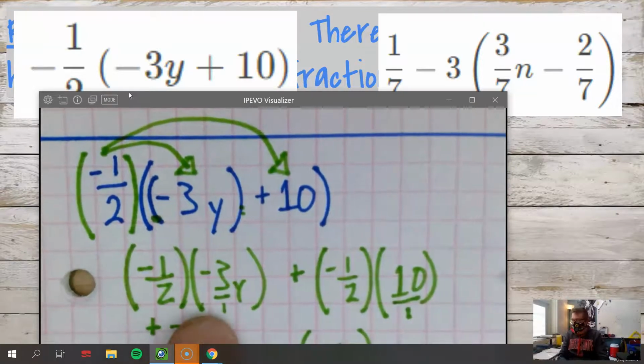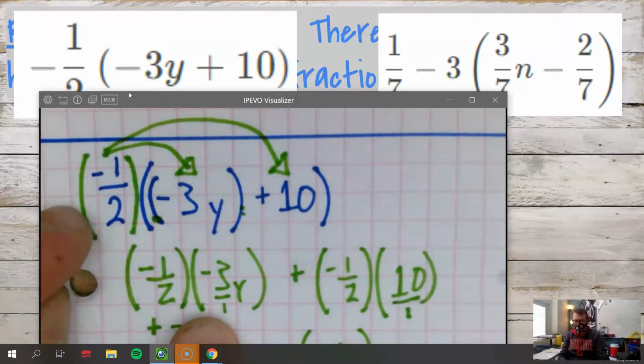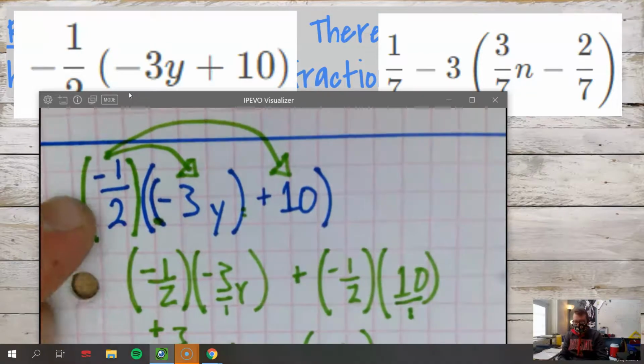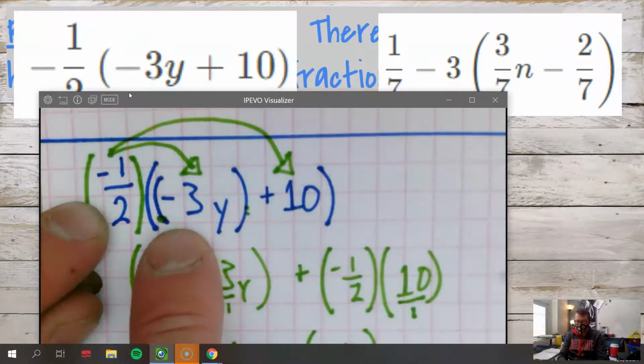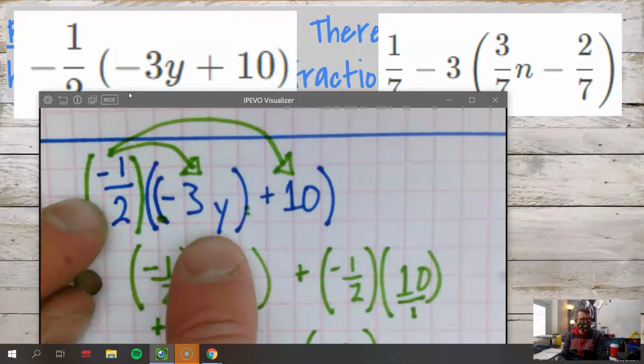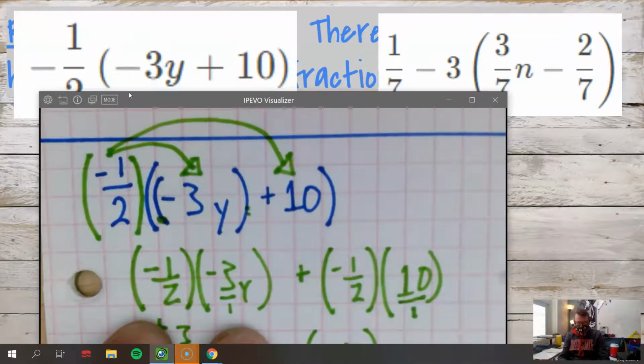So what we have written down here is showing the multiplication. Right, so negative 1/2 gets multiplied by negative 3y. So what I'm going to write down here is negative 1/2 times negative 3y.